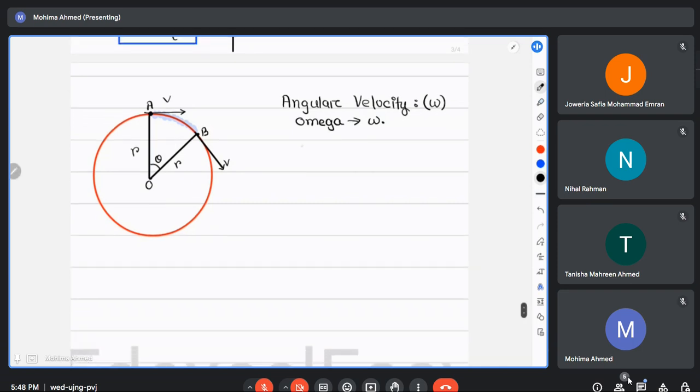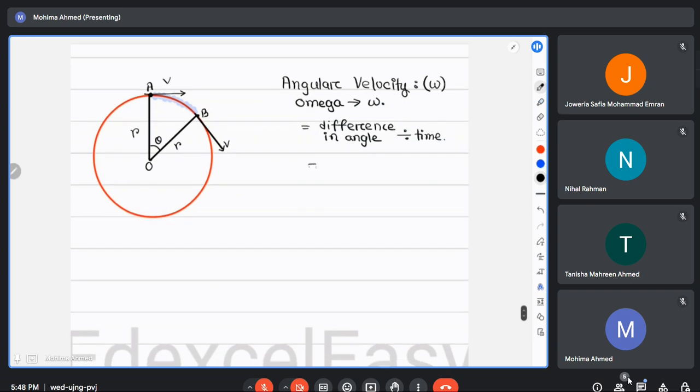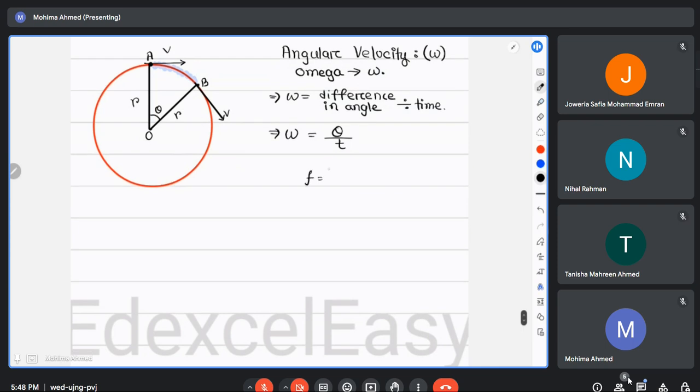Now over here, omega is actually the difference in angle divided by time, like how much angle was traveled, or how far from a point was traveled, with respect to time. So angle difference would be basically theta divided by time. And then this is also one derivation, and over here we can write f equals 1 over t, if you guys remember.